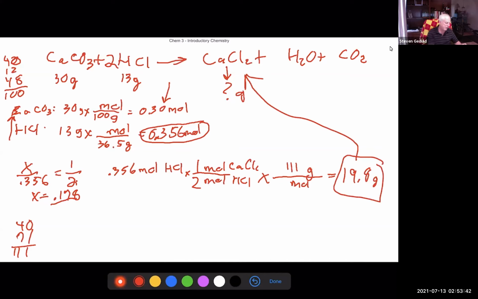So that's the limiting reagent problem, and you will have one of those on your final, just so you know. Whenever you have 2 reactants, you got to figure out which one's going to run out first. Then you use that one for your calculations, because once that one runs out, the reaction stops. That's all you can produce. Does that make sense?